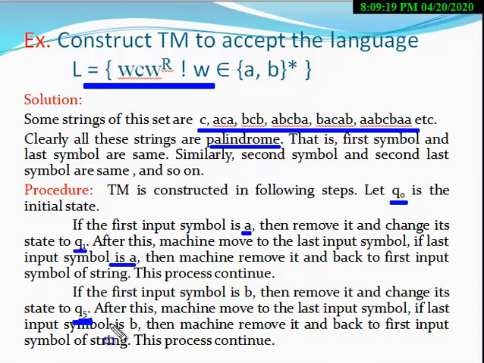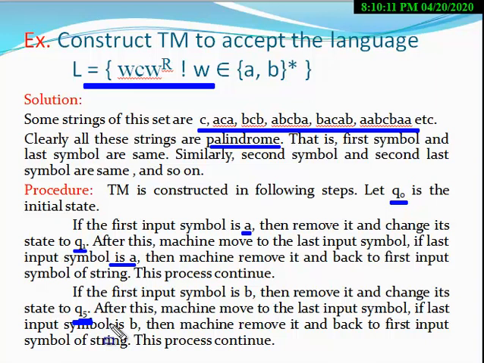If the tape symbol is again B, then the machine again moves to state Q5, removes the input symbol B, moves to the right direction and goes to the last symbol of the tape. If the last symbol is B, the machine removes it, moves left and goes to the first tape symbol of the string, and this process continues till all the symbols before C and after C are removed.